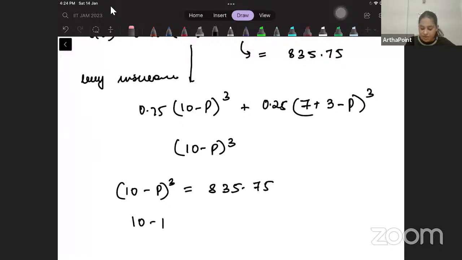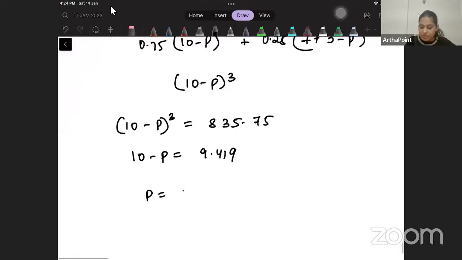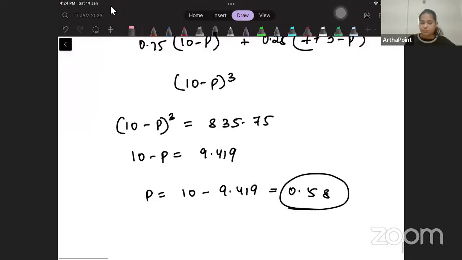This means 10 minus P is equal to, this will give you 9.419 when you do its cube root. So your P will be 10 minus 9.419. This will be 0.58. This in lakhs, of course. This is the premium that you would be paying.